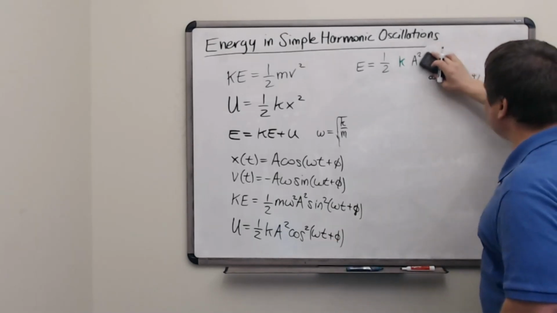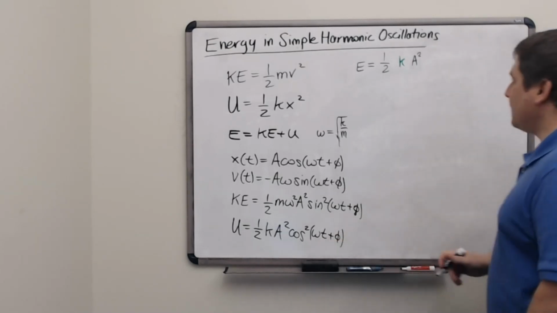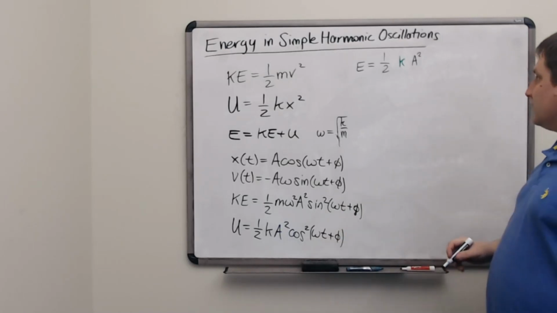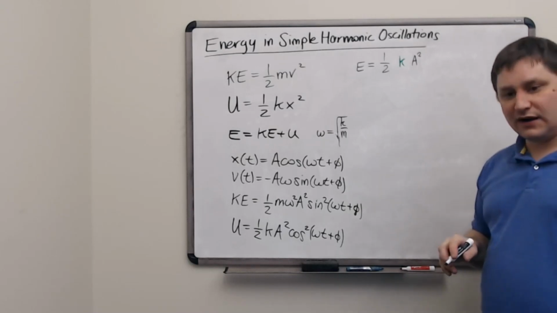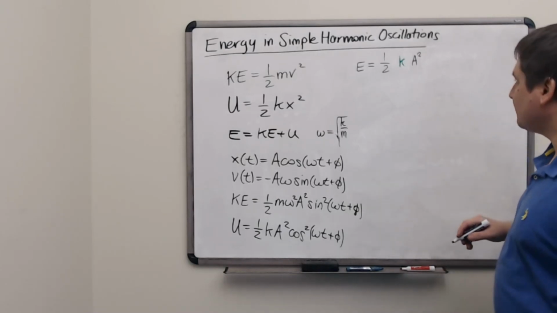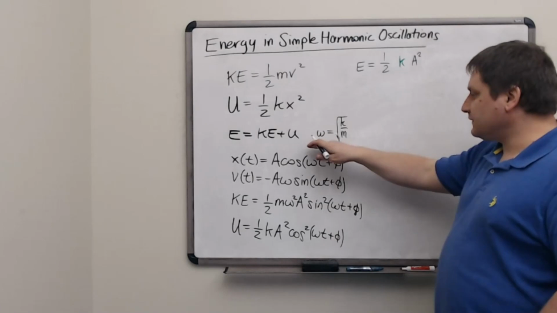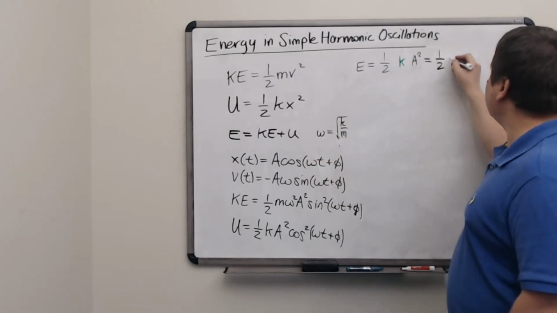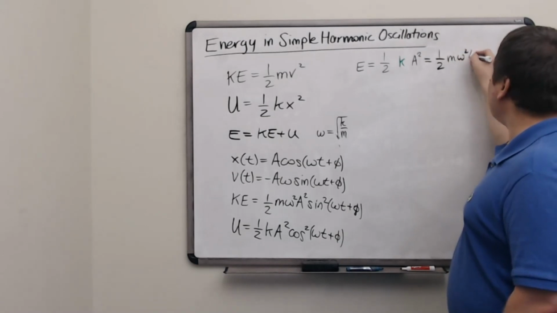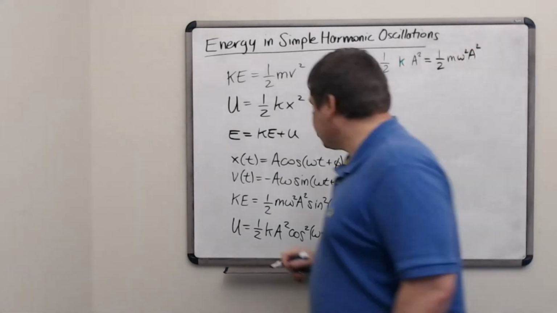So this term can be canceled to a 1. And we found that the total energy of oscillation is just 1/2 times the spring constant times the square of the amplitude. Because of this relationship here, we can also write this as 1/2 m omega squared a squared.